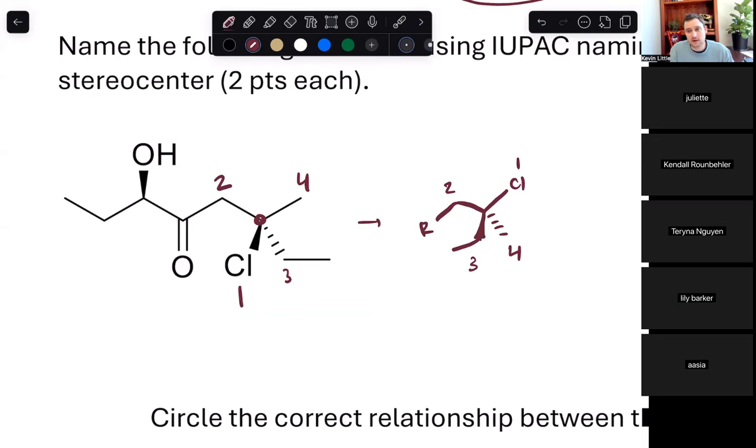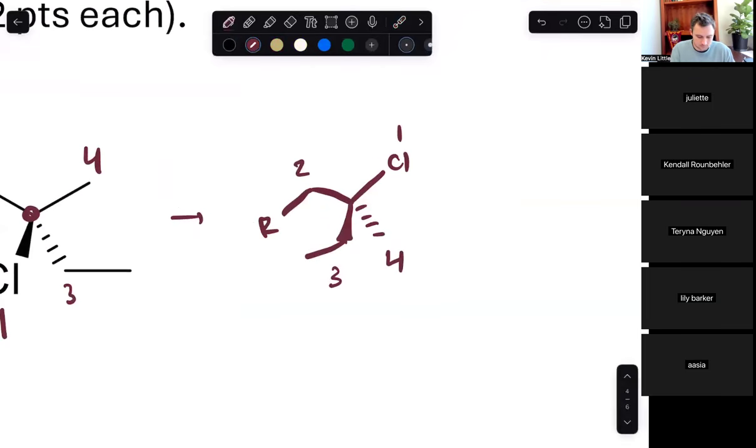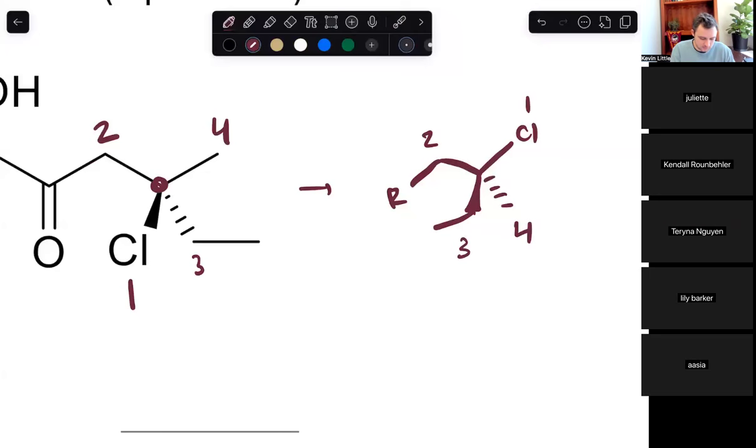Being able to do that bond rotation when 4 is not on a wedge or a dash is important. If you zoom out, 4 goes to 3, 3 goes to 1, 1 goes to 4. Everything switches places. Everything changes rotation. It spins like a plane propeller.